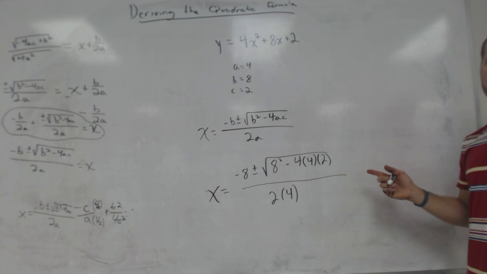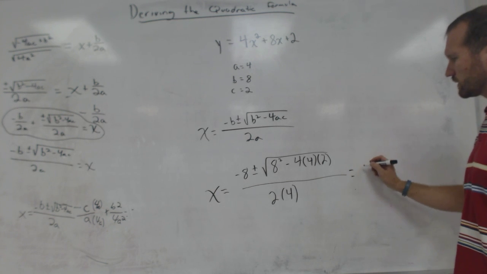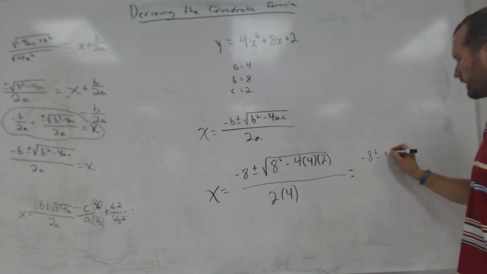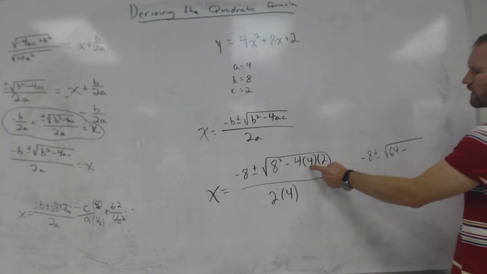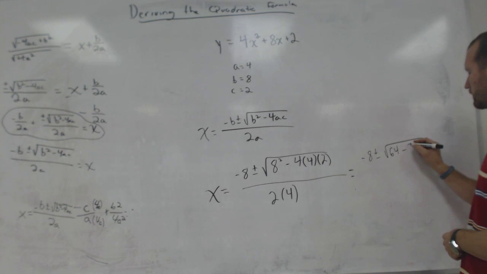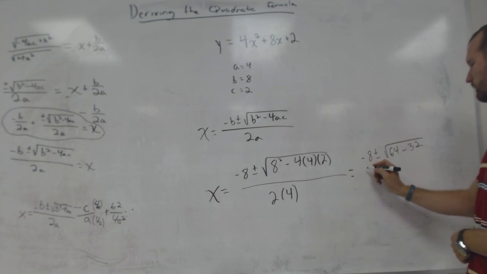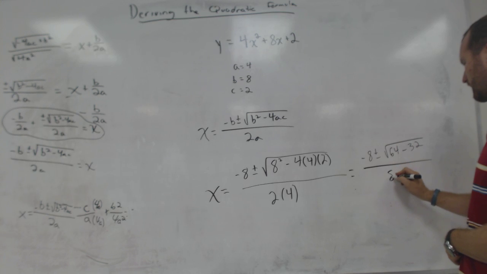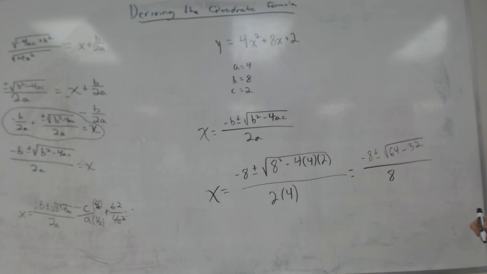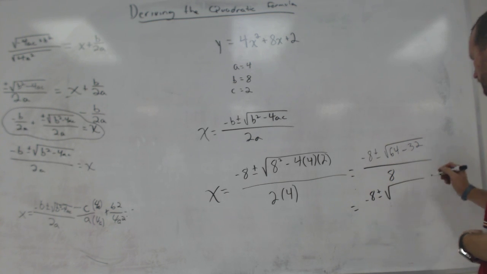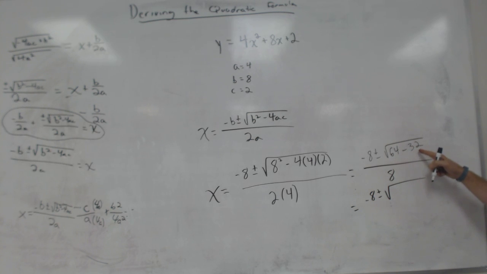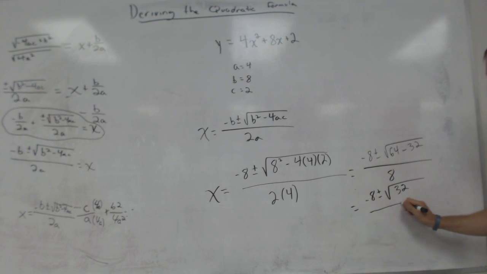And you'll get really used to just solving these and combining like terms. We have negative 8 out front, plus or minus the square root of 64 minus 4 times 4 is 16 times 2 is 32, over 2 times 4 is 8. So we have negative 8 plus or minus the square root of 64 minus 32, which is 32, over 8.